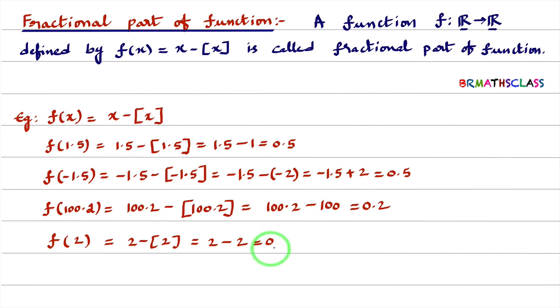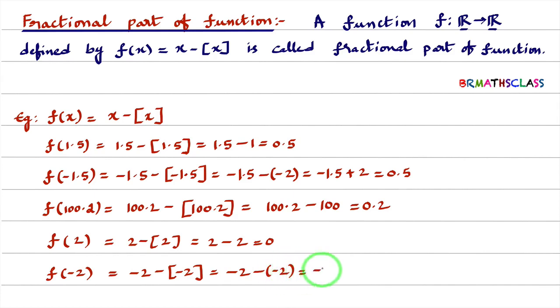We are getting answer 0 or an answer less than 1. And I'll calculate f of minus 2. We will see what you will get. In place of x, you write minus 2. What will you get? Minus 2 minus step minus 2. Whenever we calculate step values, if the number is an integer, we get the same answer. So step minus 2 is minus 2 only.